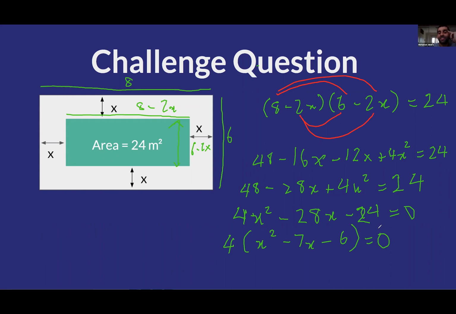Now, how do I factorize x squared minus 7x minus 6? We should recognize this now. It's a quadratic trinomial. So we need to find two numbers that multiply to give negative 6 and add to give negative 7. That's why we did our warm up at the start. So it's going to be 6 and 1, one of them negative, one of them positive.